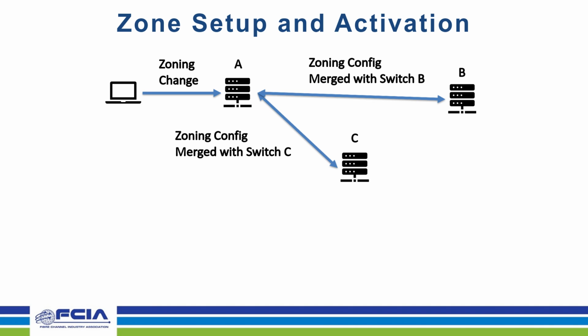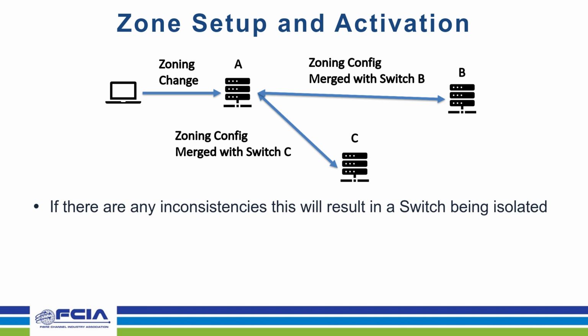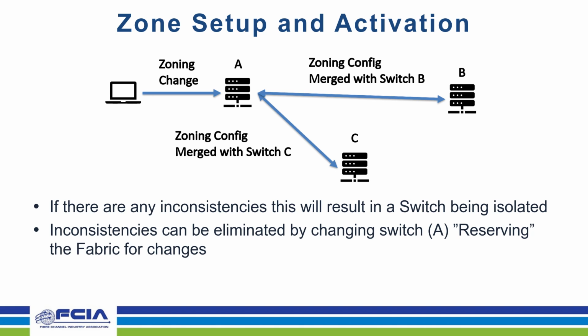Now, of course, if you have multiple devices changing a fabric at the same time, you could have inconsistent views. If you have two zones that come in with different members, that can actually result in an isolation. Isolation meaning that a switch is disconnected from the fabric. But there is a mechanism that exists to prevent this.